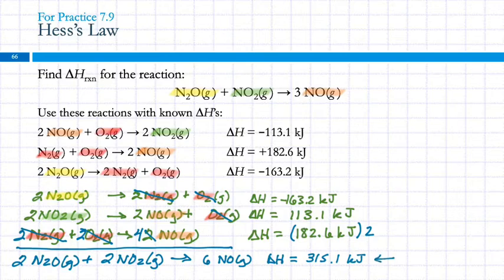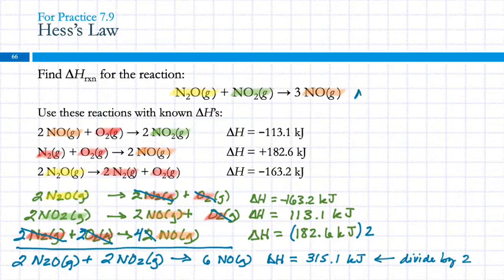So I need to take this whole thing and divide by 2. 2 N2O divided by 2 becomes 1 N2O. 2 NO2 divided by 2 becomes 1 NO2. 6NO divided by 2 becomes 3NO. You okay with that? And then what do I have to do to delta H? The same thing, divided by 2.